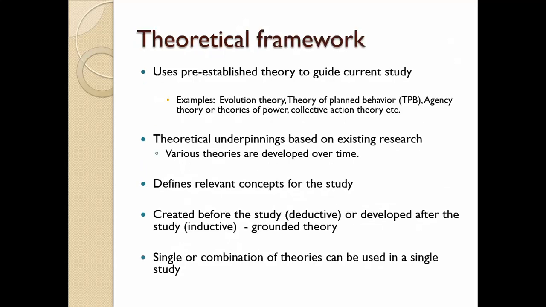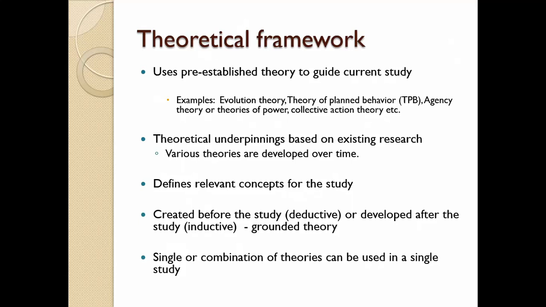Okay. So we have the theoretical framework, which uses pre-established theory to guide the current study. For instance, one could use evolution theory in sciences, or one could use the theory of planned behavior to study behavior change within communities. One could use agency theory to study issues of empowerment and so on.